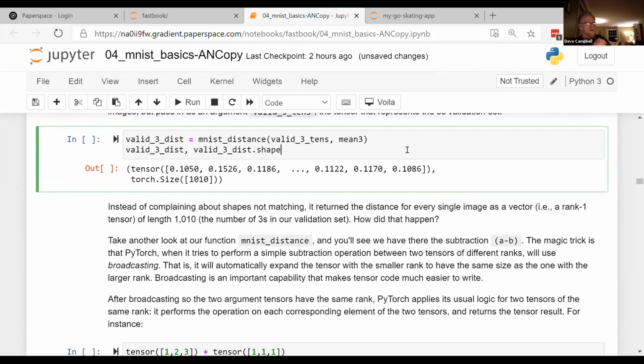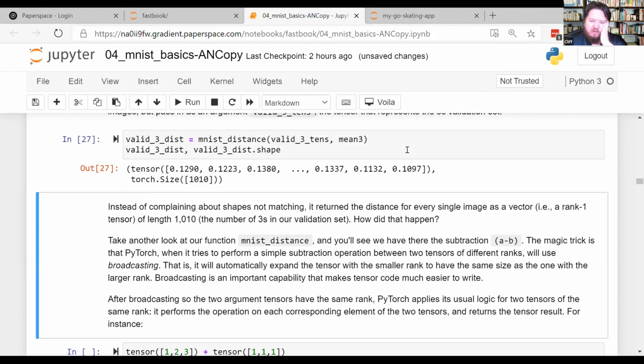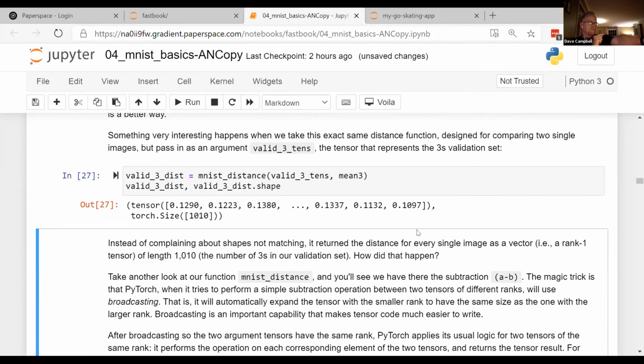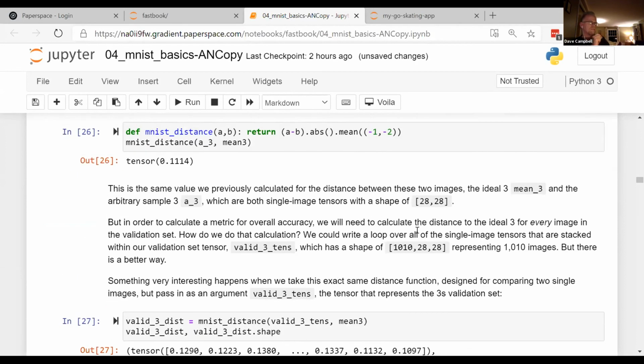Mean 3 is of one image, and it calculates the distance properly because it runs the calculation as if it had a stack of mean 3s. And he uses this to make like a Boolean function, yes, no. That's not what's being shown right there, but above it is. That's where it's comparing.